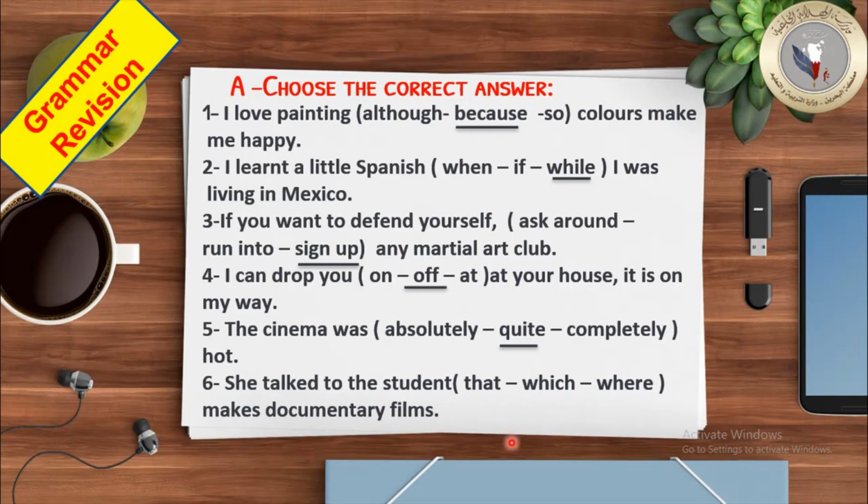No. So it would be that. Well done. Because it's an object, by the way, not a subject. Now, if it's a subject, I would choose who. So she talked to the student that makes documentary films.